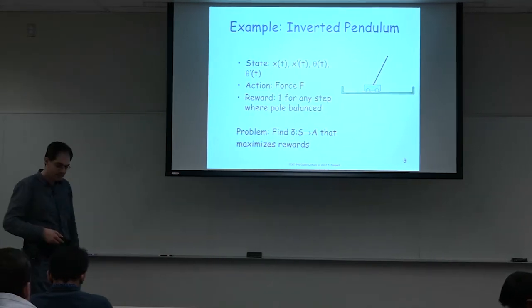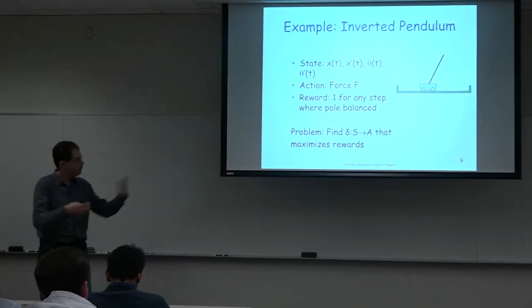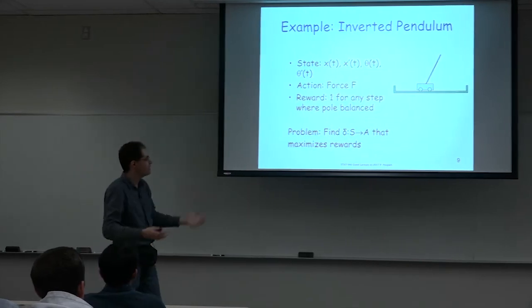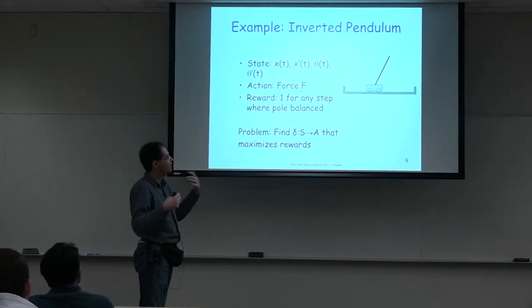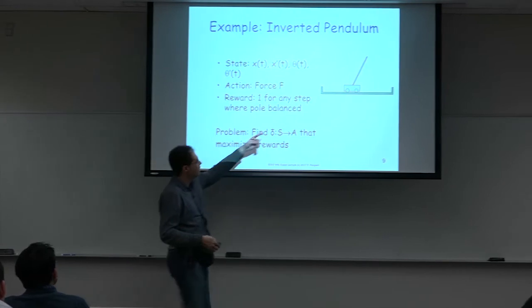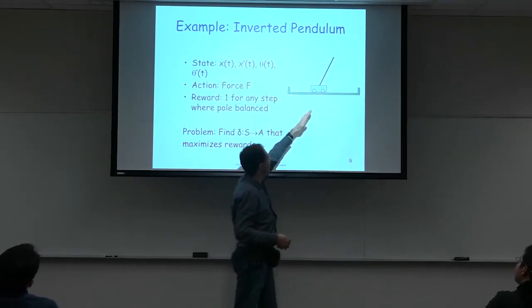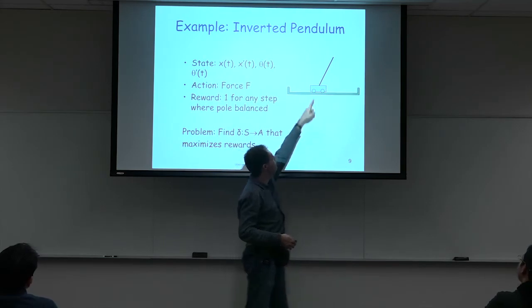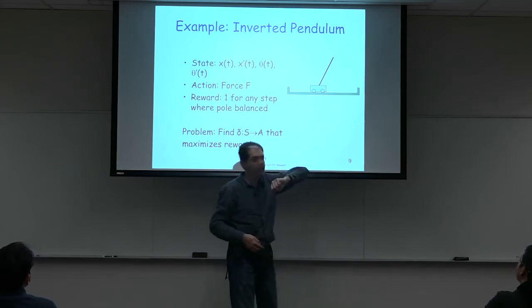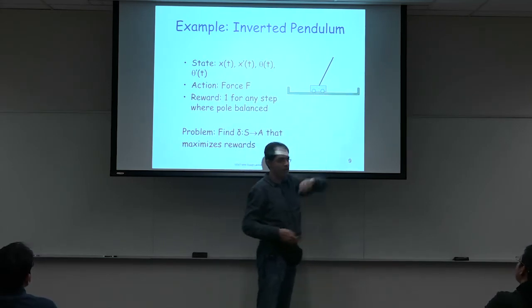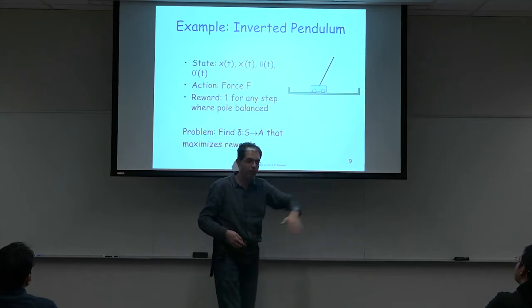Okay, so to make things concrete, here's a toy example that is from robotics and quite interesting. So let's say that we've got a cart, and the cart is on a plane like this, and then what the cart needs to do is to balance a pole. Okay, so the stick here is a pole that can essentially fall down.